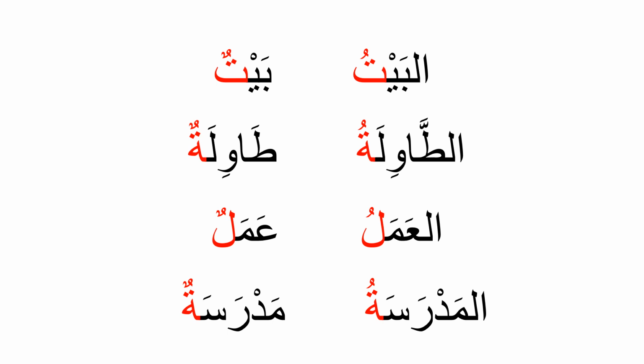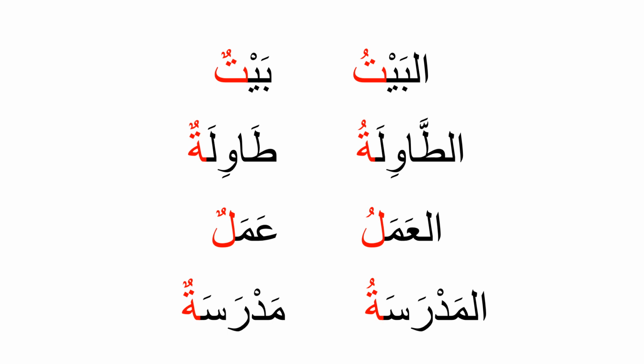Now, if you pay close attention to the last letter of these nouns, definite and indefinite version, you will notice that they are in conjunction with either a dhamma or a double dhamma, also known as tanween al-dhamm. Do you know why?